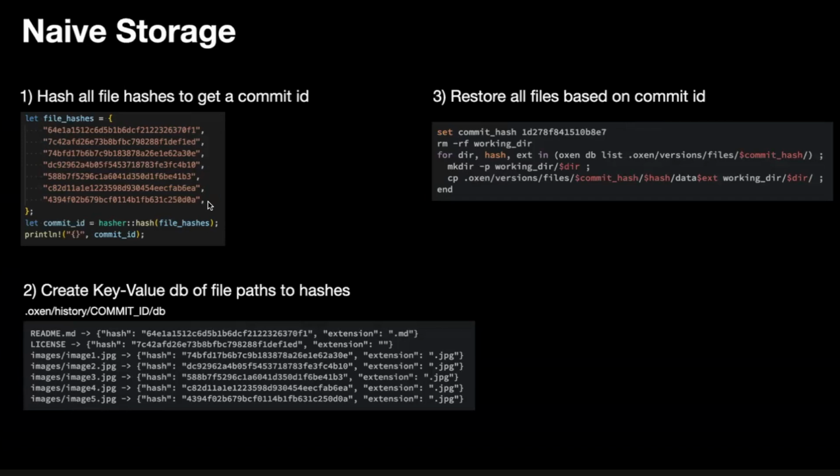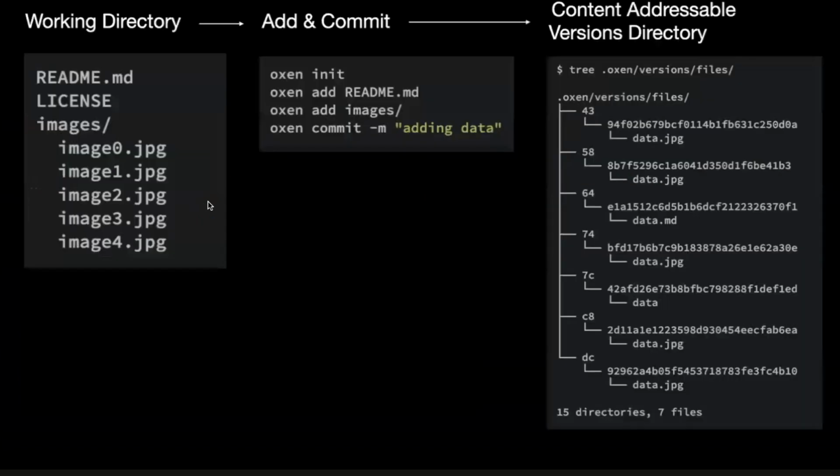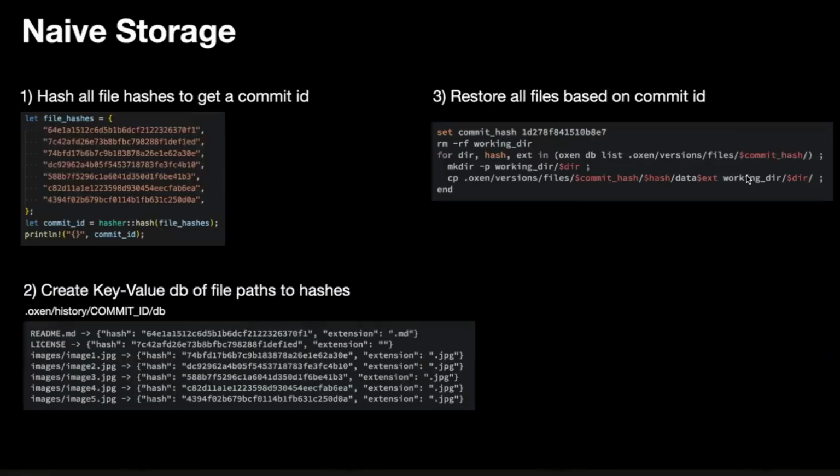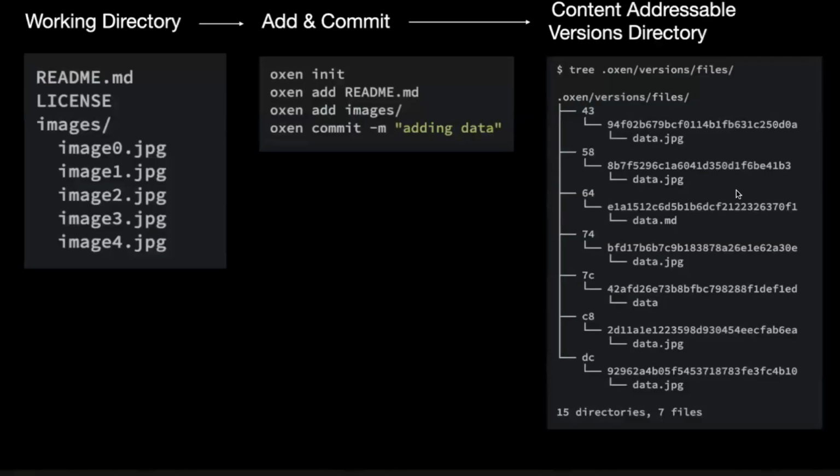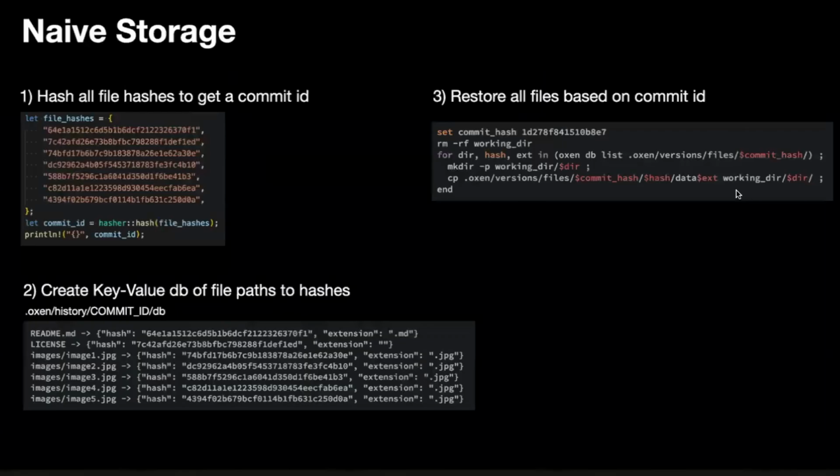And then if you want to switch between commits, now you have a database per commit with all of the hashes of all of the content, and you could just naively clear your working directory, go into this versions directory where you've saved off copies of all the data and restore them all to their original format, because you have every single file that was within that commit with their hashes, so you can come back, grab the original data and restore it to its original place. So that would be a super naive version control system.